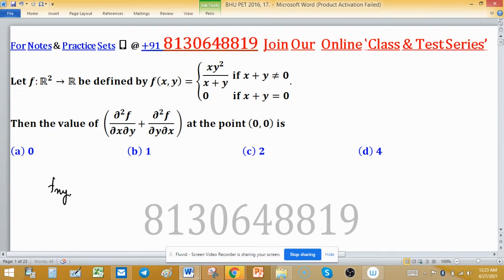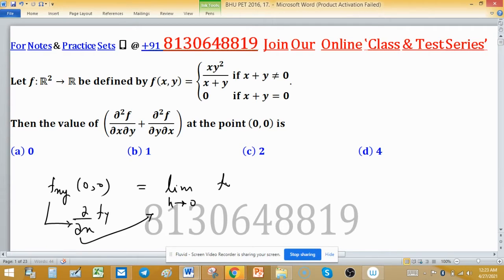So f of xy, its simple meaning at 0, 0 is the partial derivative of fy with respect to x. You can understand this as written. So this is equal to the limit h tends to 0, because we are doing partial derivative with respect to x, so normally we take h for x. fy at the point 0 plus h comma 0.